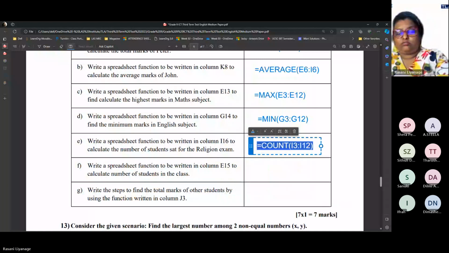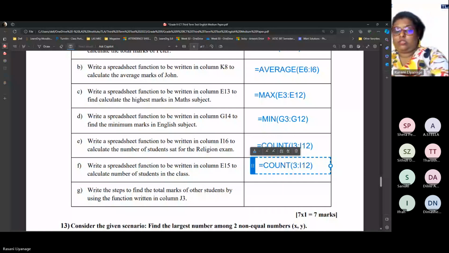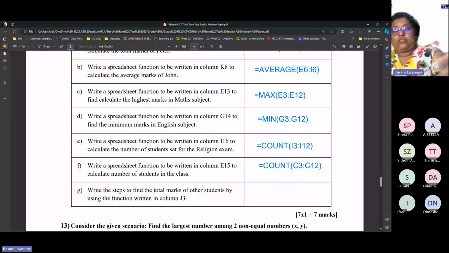Now, to count we take C, right? C3 to C12. Either that, or the other option is you can count D. D has all the names.